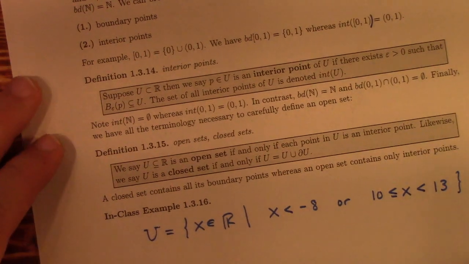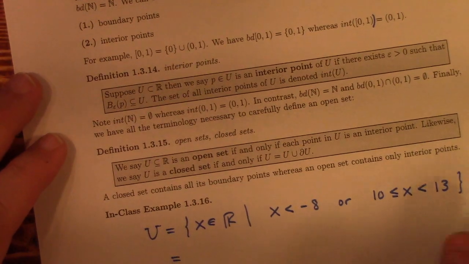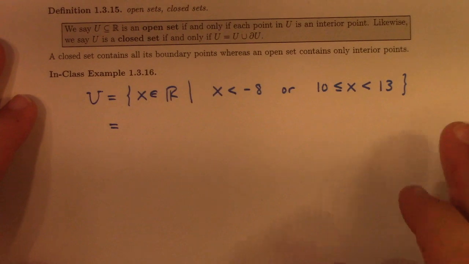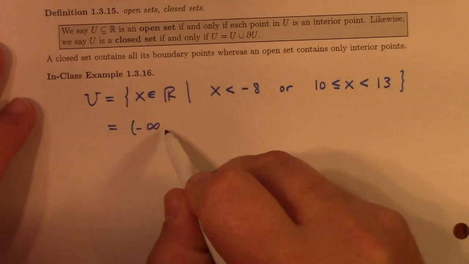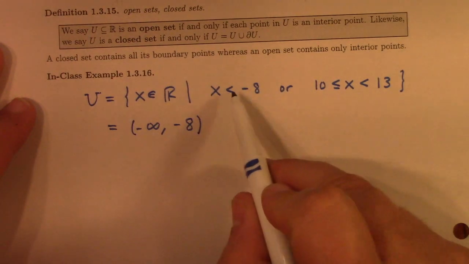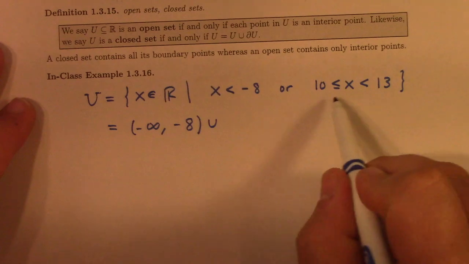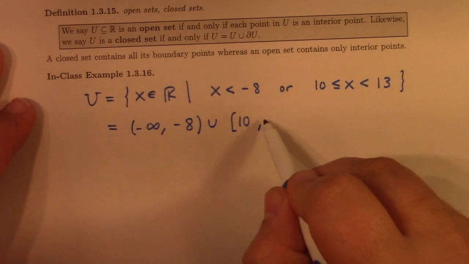So that is actually, if we write it in interval notation, minus infinity to minus 8. Now that minus 8 is not included because that's a strict less than, unioned with this guy over here, which would be like 10 to 13.